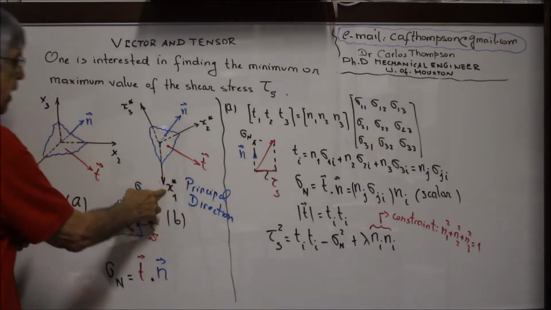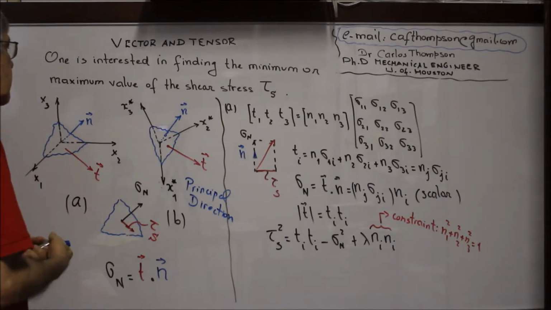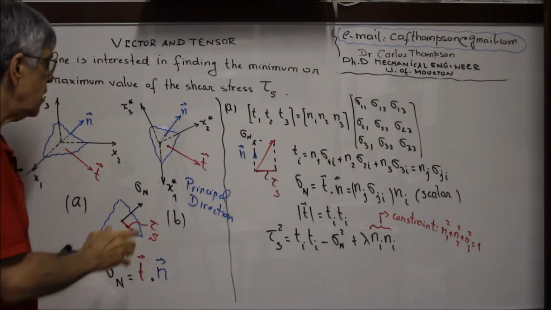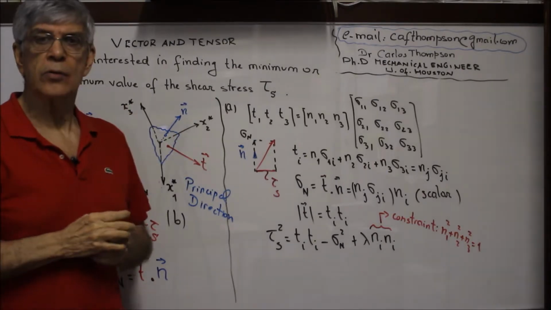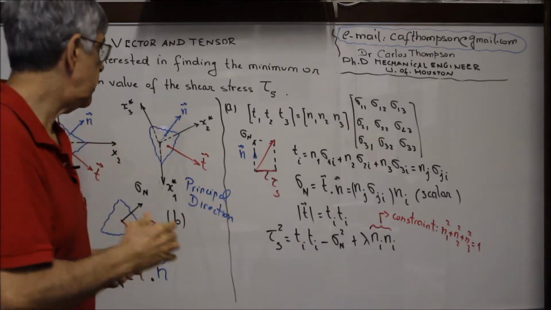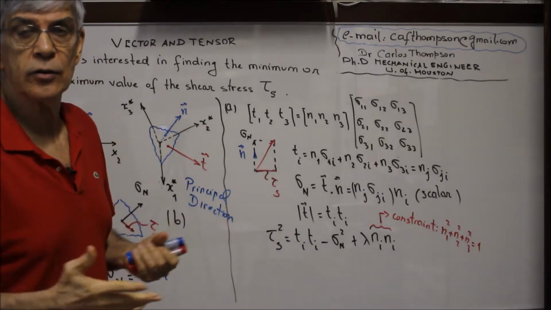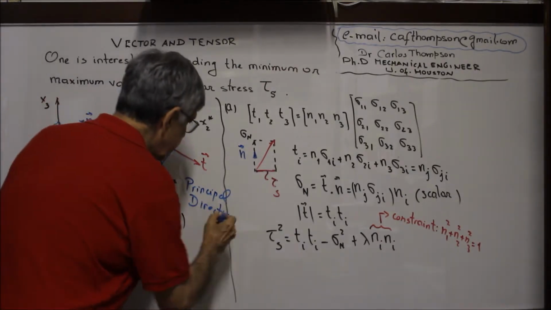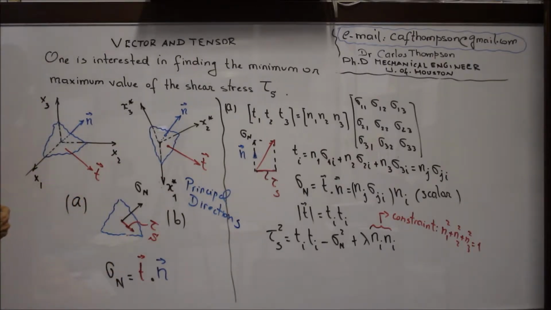These are eigenvectors. Because we are working with the stress tensor, I guarantee that these eigenvectors are orthogonal, and we can make them unit eigenvectors. So these are principal directions, and here are x1, x2, and x3.